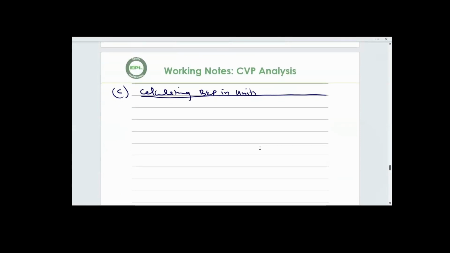The first step, as you know, is to calculate the overall contribution margin ratio. In this case, it will be the composite contribution margin ratio that we have computed, which is 0.54 or 54%. We've already done the working for that, because the reason why we are calculating the composite contribution margin ratio is that the examiner has given us the proportion of sales value of product B. So in this case, you cannot just calculate the contribution margin ratio alone. It has to be composite.